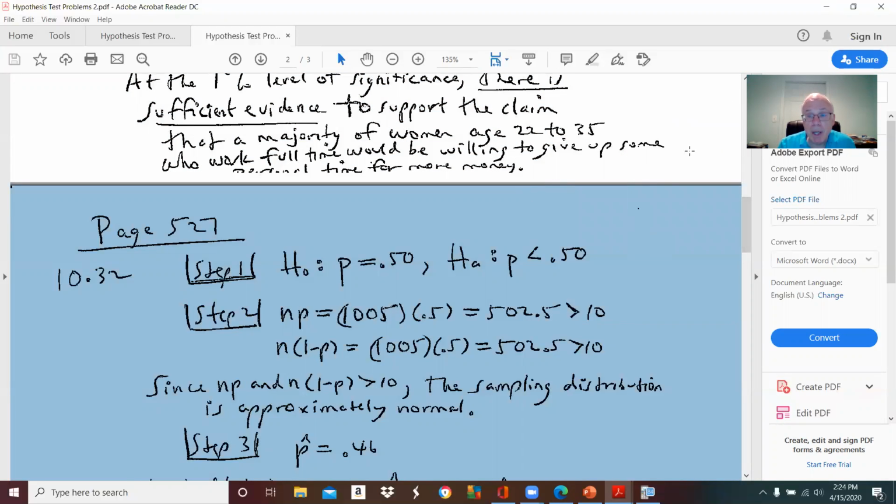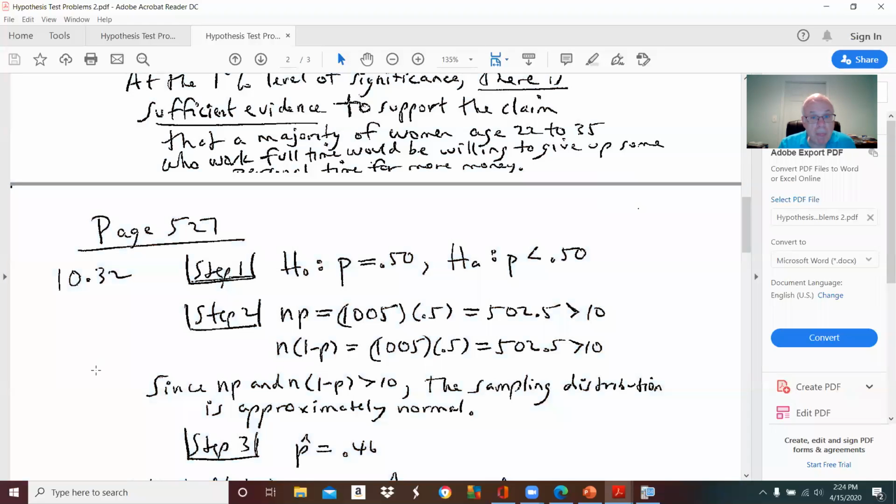This suddenly appeared out of nowhere. But P is less than 0.5. All right, that is our alternative hypothesis. So as a researcher, we want to determine if the proportion is less than this, and if it is, then we've disproved what the marketing manager is saying.